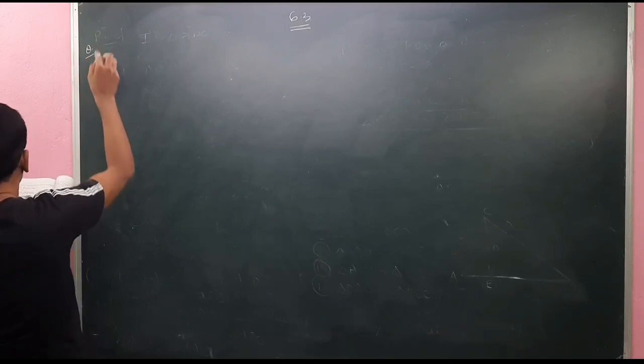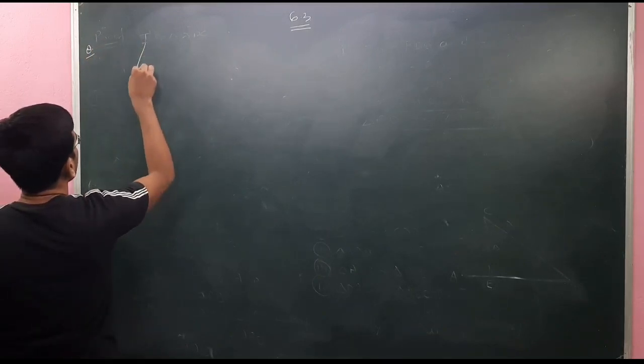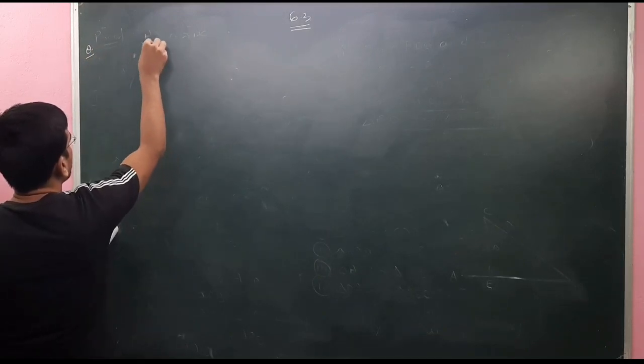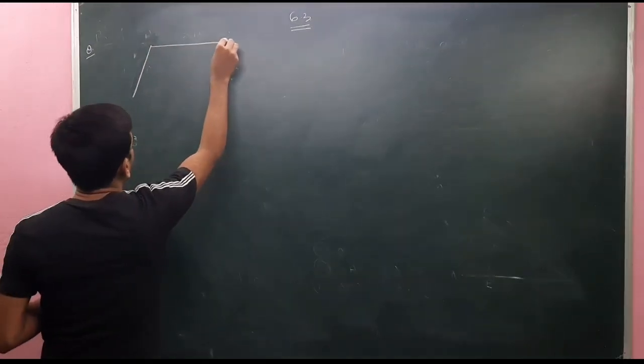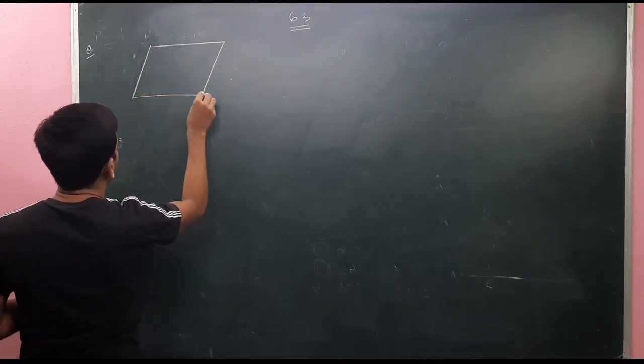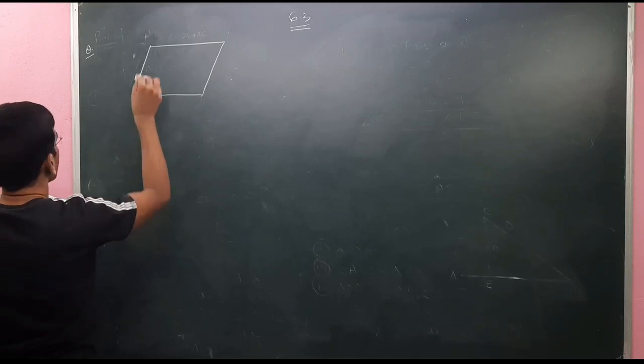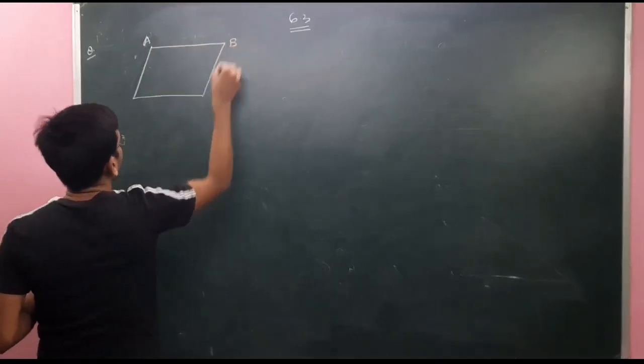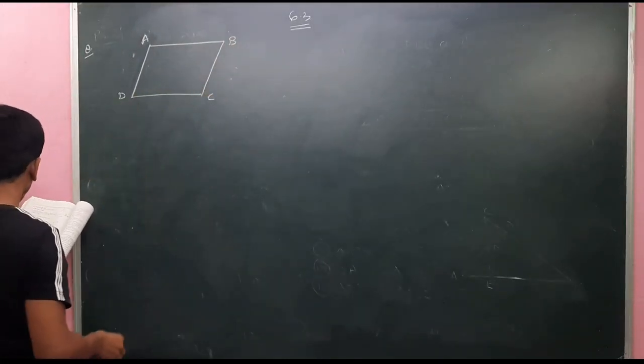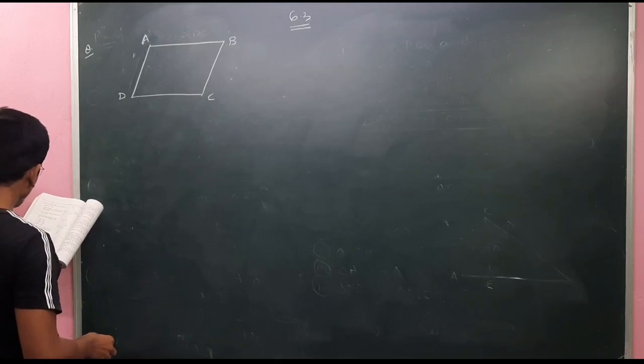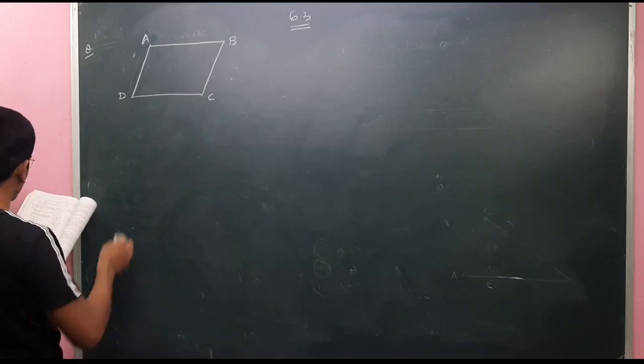First you have to draw a parallelogram ABCD. This is your parallelogram A, B, C, D. E is a point on the side AD produced of the parallelogram.